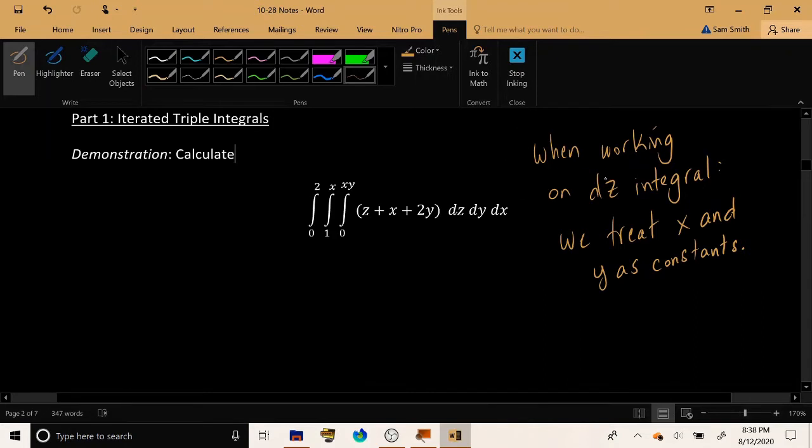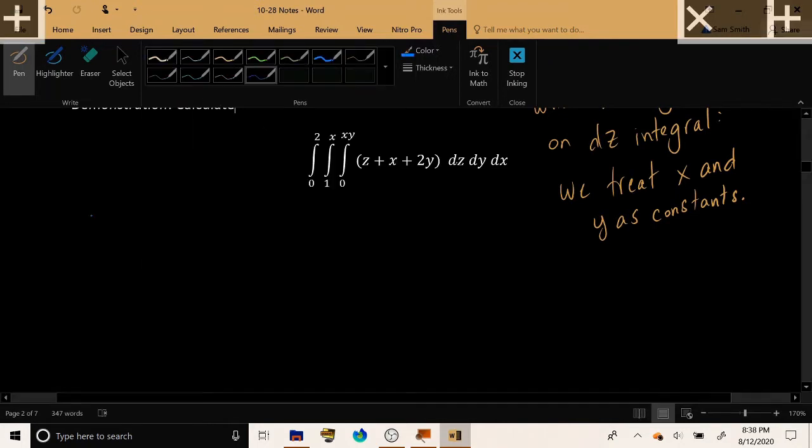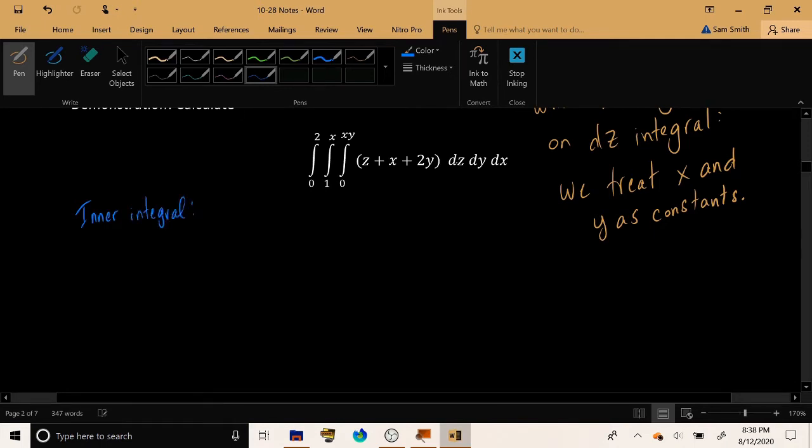When we did the partial derivative with respect to z, we treated both x and y as numbers. Same here. So I'm going to do the inner integral, which is the integral from 0 to xy of z plus x plus 2y dz.